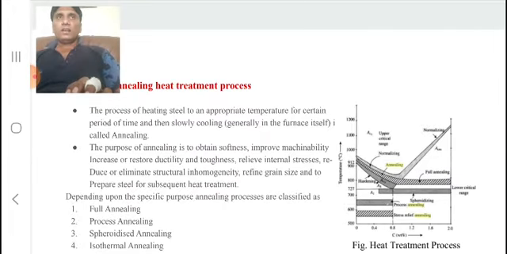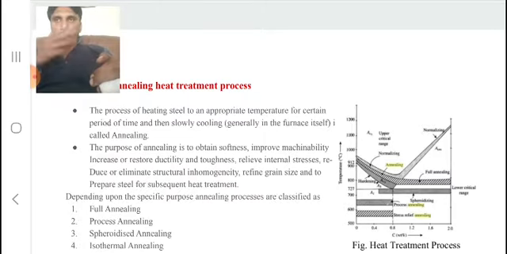So this heat treatment process is required for any kind of internal stresses developed during cold working or hot working or uneven cooling. So this is the major purpose for any steel to undergo a heat treatment process.